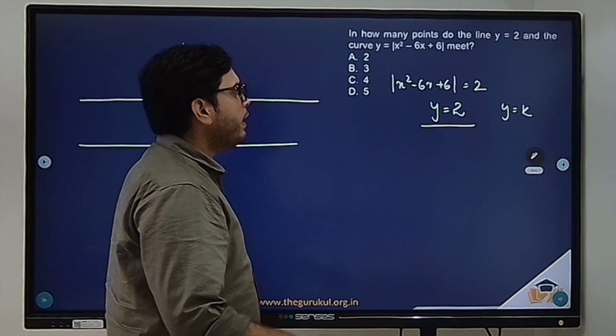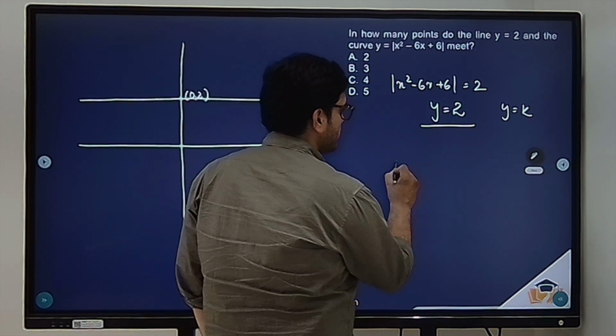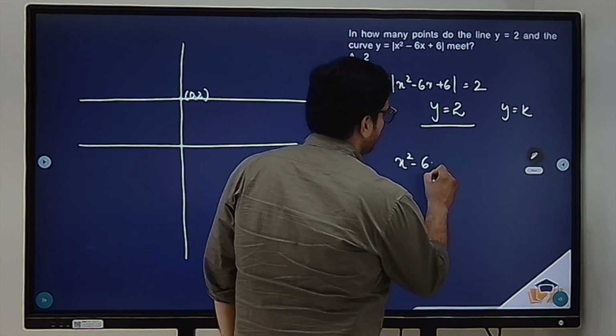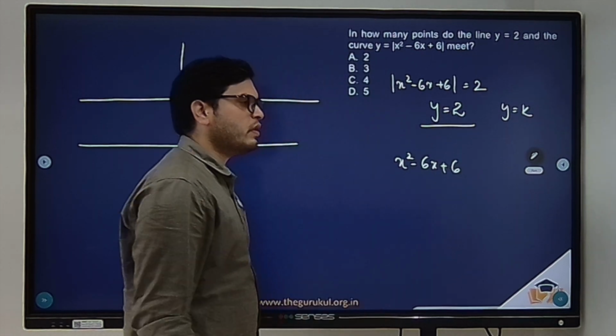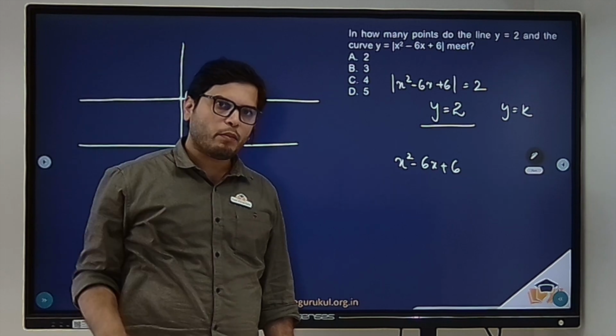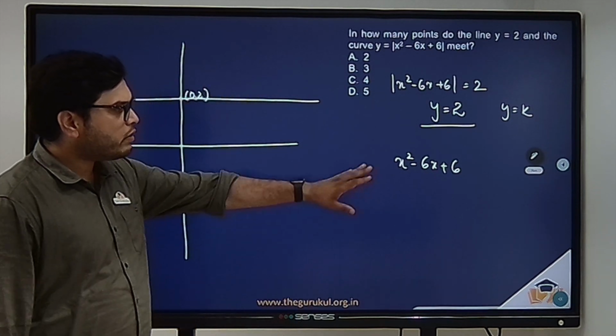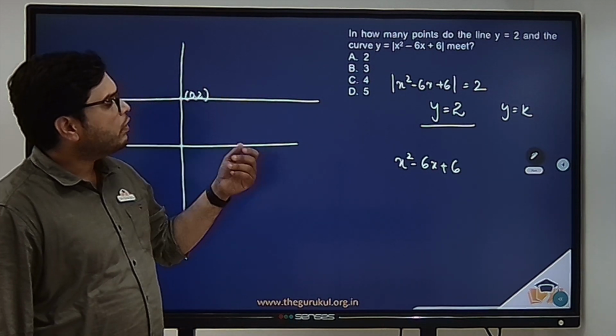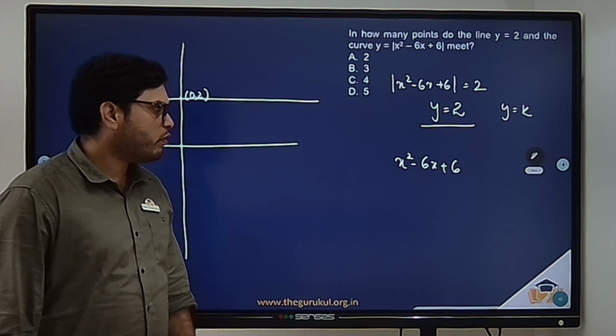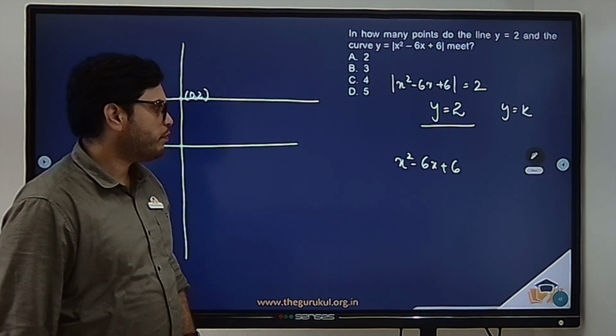Now coming to x square minus 6x plus 6. Now this is an upward facing parabola, right? Now let me find the minimum value of this x square minus 6x plus 6, right?